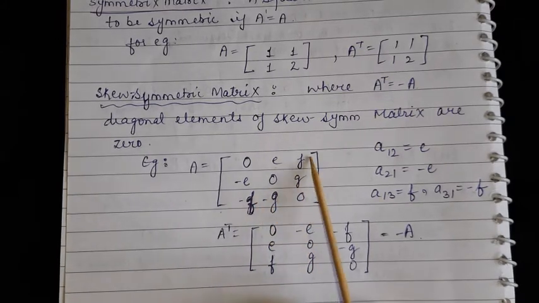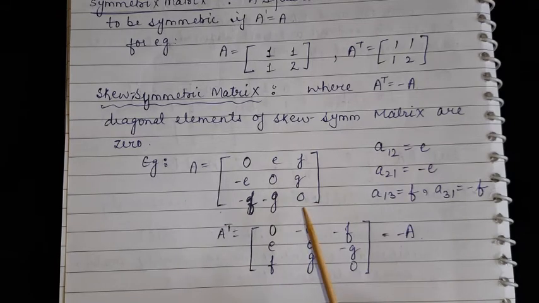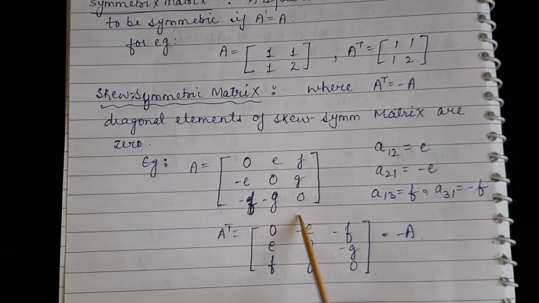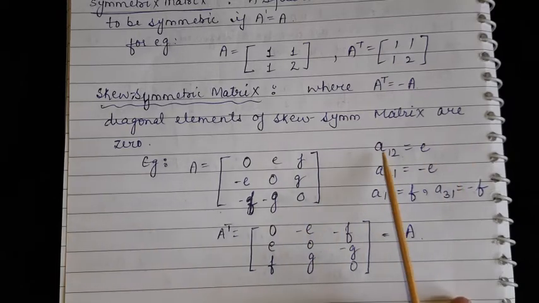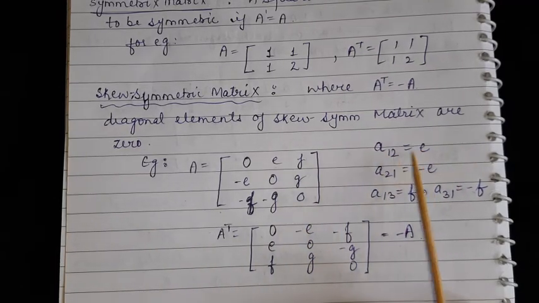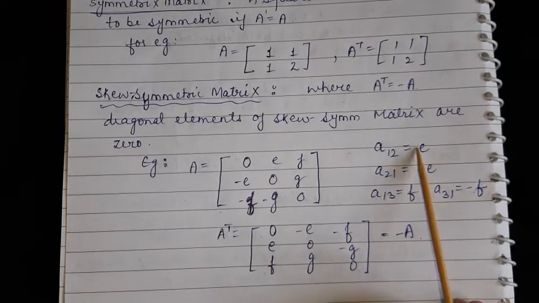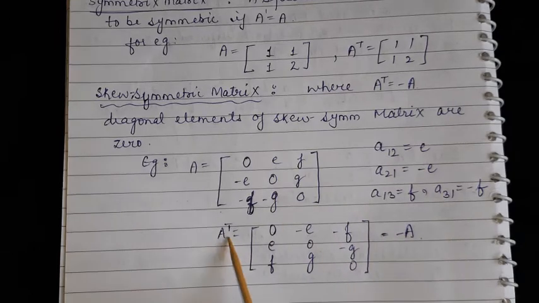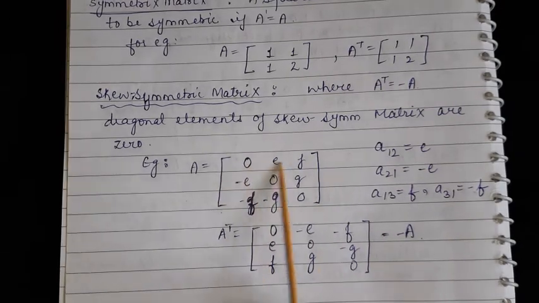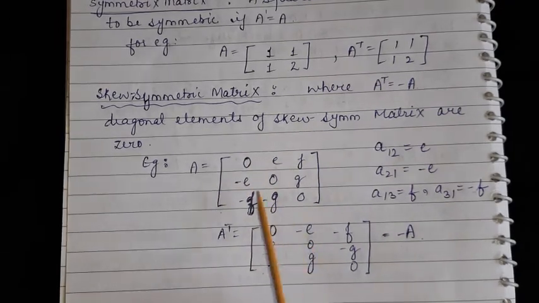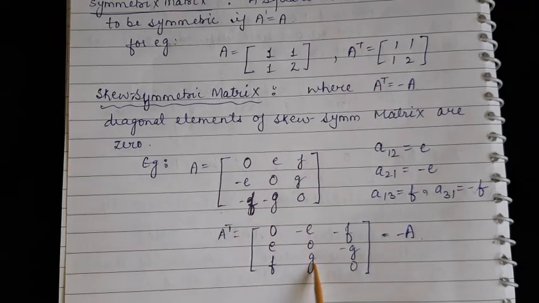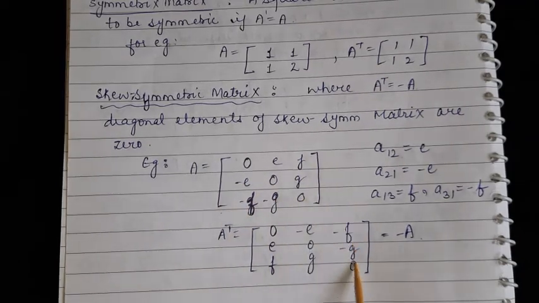So if you take your elements like this and construct a matrix, that matrix will always be a skew symmetric matrix. The only condition is that if A12 is E, or in case A12 is minus E, then A21 should be plus E. Means both should be the same but with opposite signs. Now let's calculate the transpose. This is row 1, this will become column 1, row 2 will become column 2, and row 3 will become column 3.